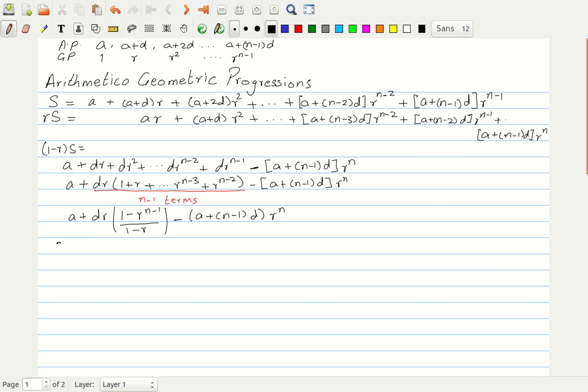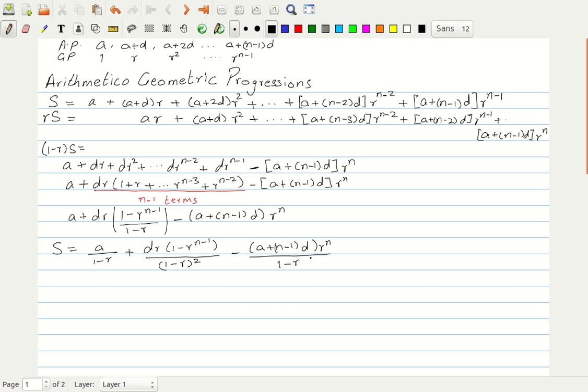So, what is the sum finally going to be? Sum is going to be a divided by 1 minus r plus dr times 1 minus r to the power n minus 1 divided by 1 minus r square minus a plus n minus 1 d r to the power n divided by 1 minus r.